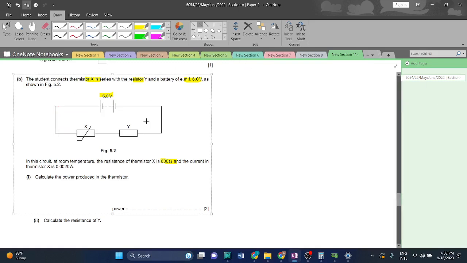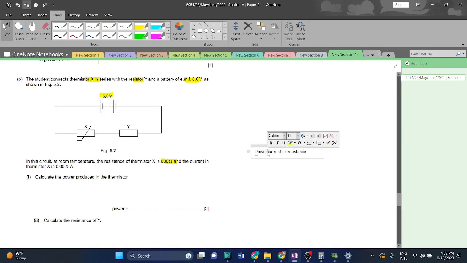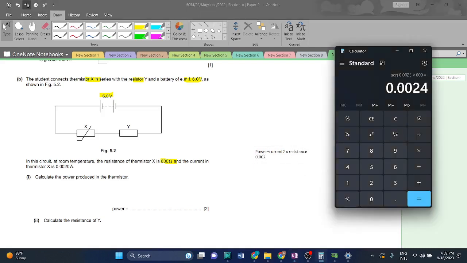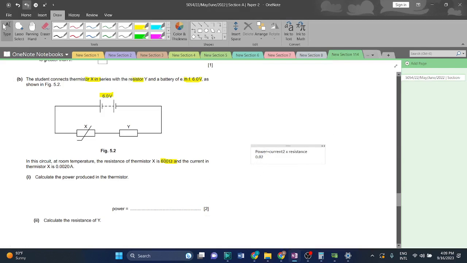The current will not change. So yeah, that is another fact. Because they said in thermistor X, that is just to confuse you. Understood? So now we have to find the power. P, power is equal to current squared into resistance. The current we have is 0.002, we will square it into resistance, and that I have already calculated, which is 0.0024 watts.